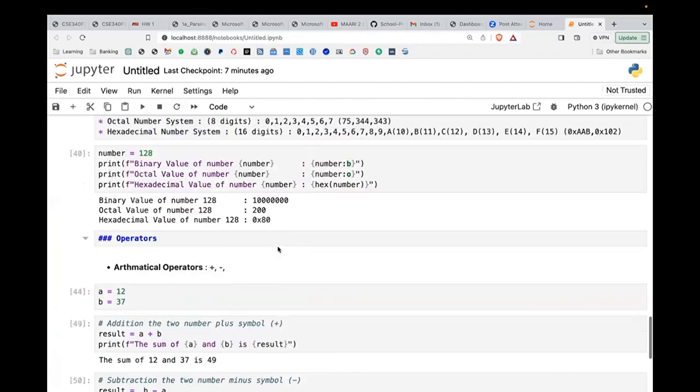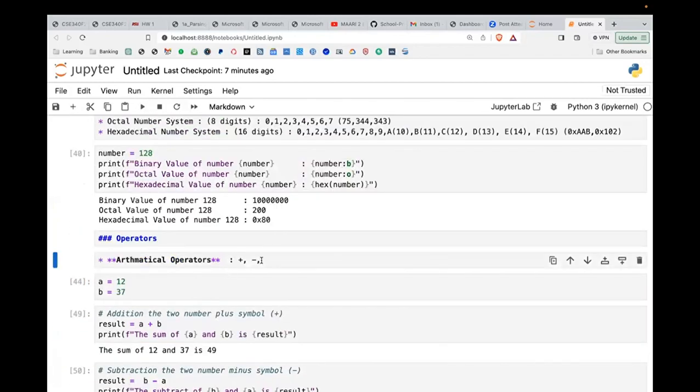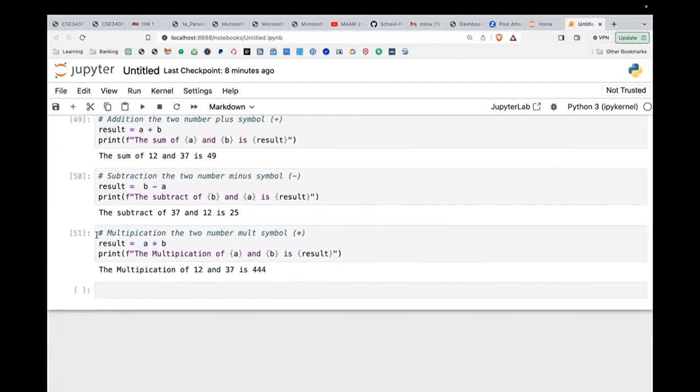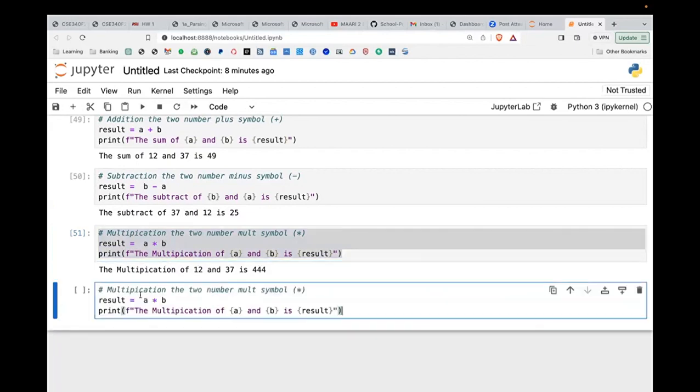Now the fourth symbol is division. Copy, paste, division of two numbers. The divide symbol is called slash. A divided by B, I will just say B divided by A because B is greater than the small a.